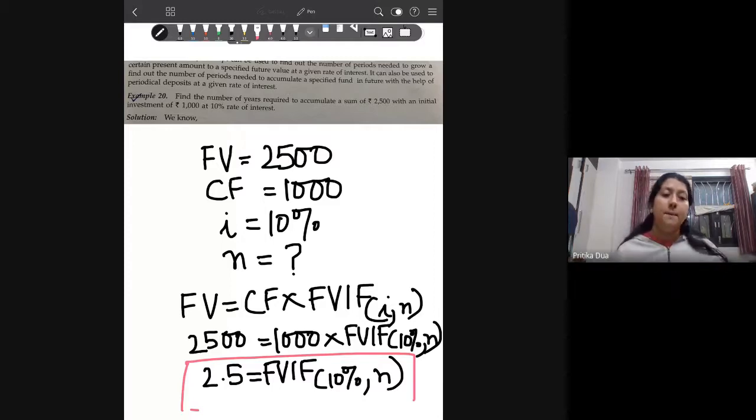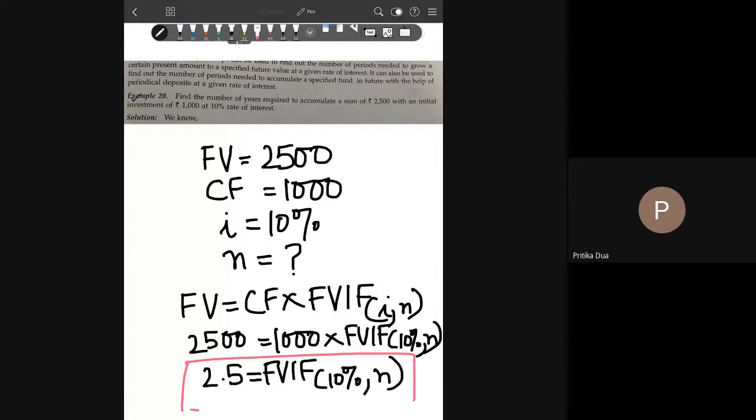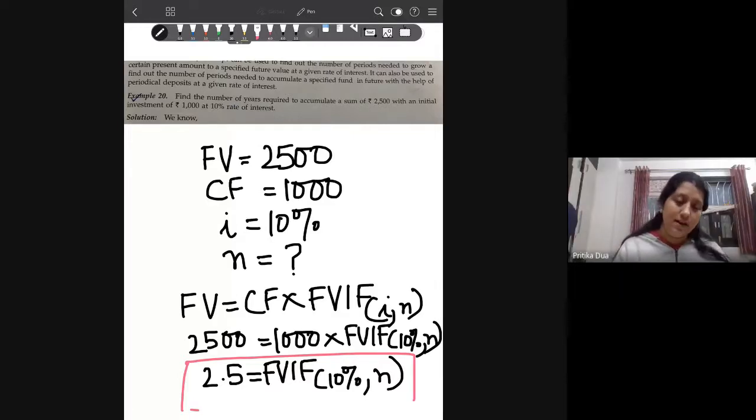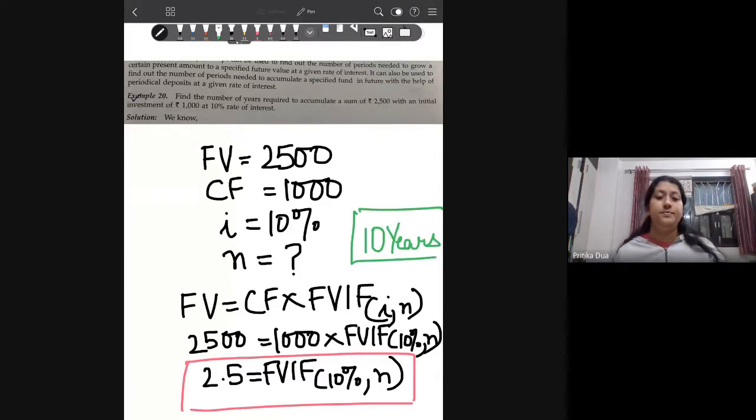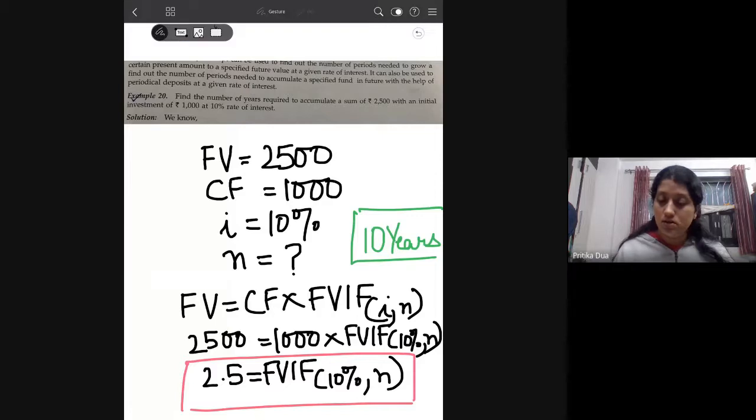Yes, check in your tables whether you are getting this value. Yes, so 10 years approximately would be the number of years for which compounding is done. So this is how we find the missing values. This is another type of question on time value of money. Let's move further.